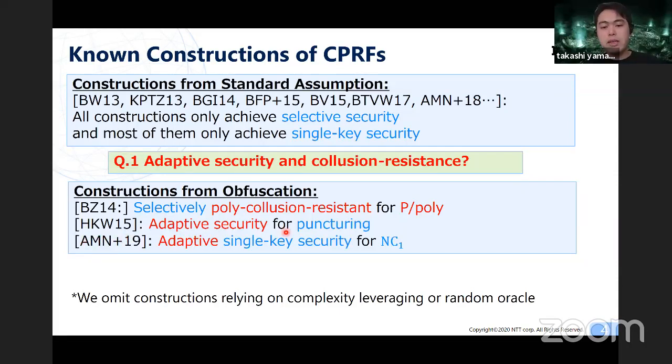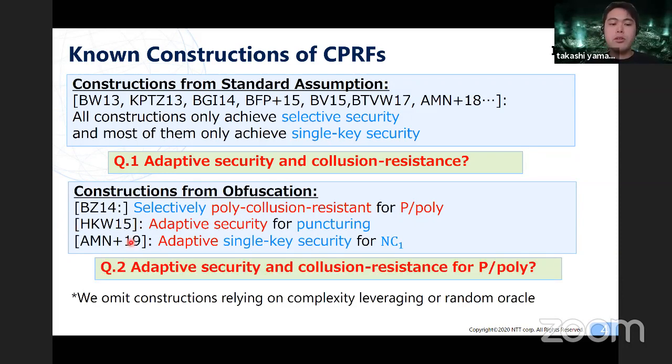However, these constructions only support limited function classes such as puncturing or NC1. So our question for this category is, can we construct adaptively secure and collusion resistant CPRF for P/poly based on obfuscation in the standard model?